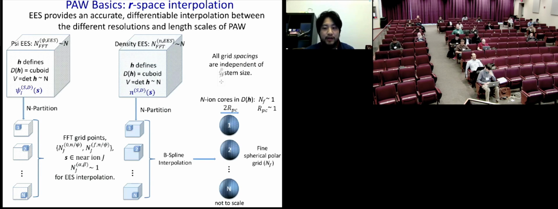And sometimes we are not only interested in the center of the atom, we are interested in some quantity like the density in the vicinity of the atom, and because we want to do a numerical integral, we define an F grid, a very fine spherical coordinate grid in the real space.